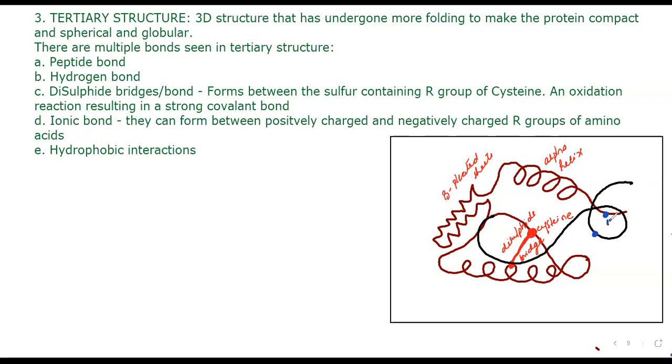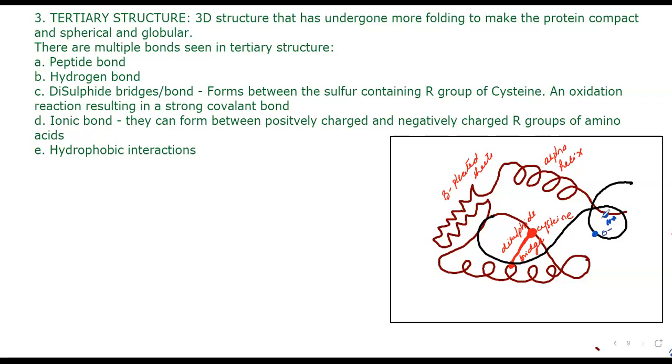This one, for example, has H plus, and on the other side, let's say we have some O negative ion.